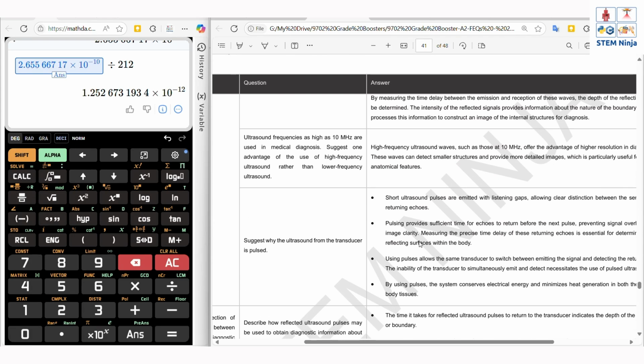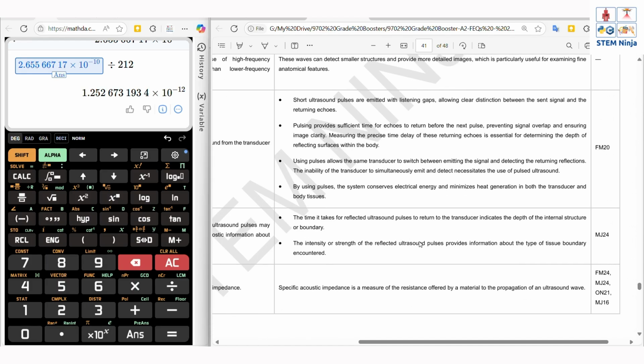The time it takes for reflected ultrasound pulses to return indicates the depth of the internal structure or boundary, and the intensity or strength of the reflected pulse provides information about the type of the boundary encountered. So time tells us about the depth, intensity tells us about the nature of the tissue boundary.